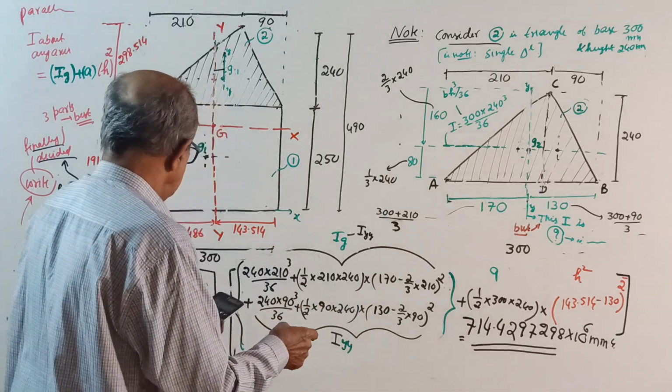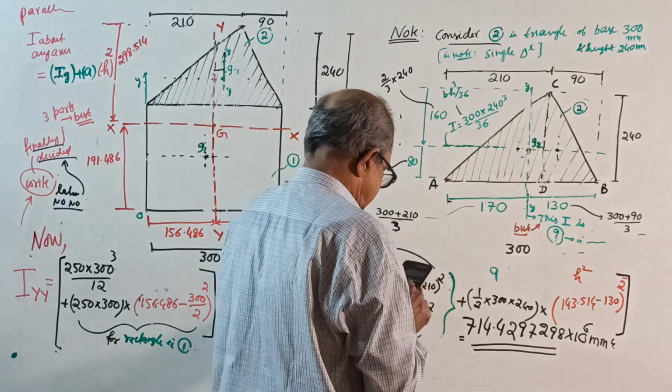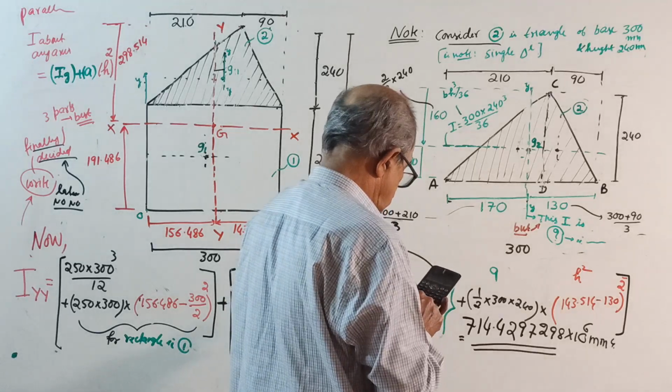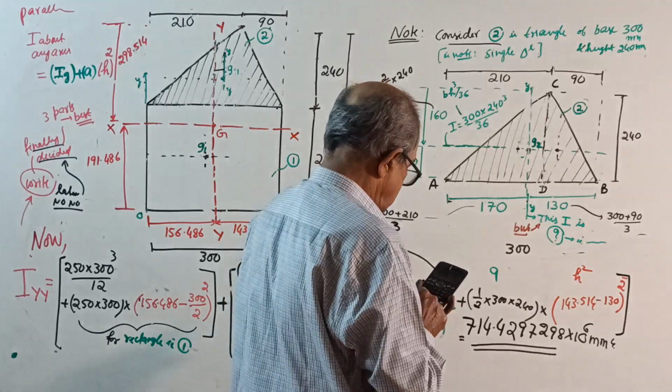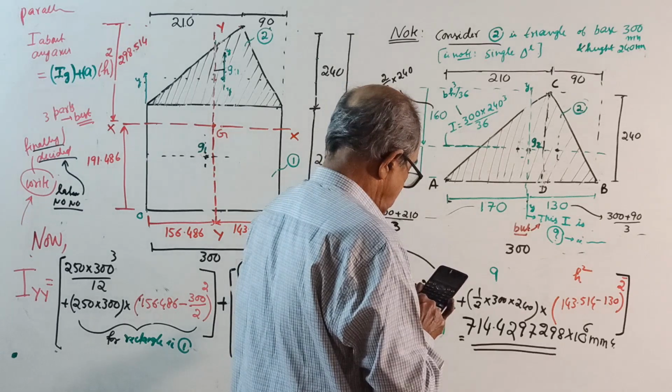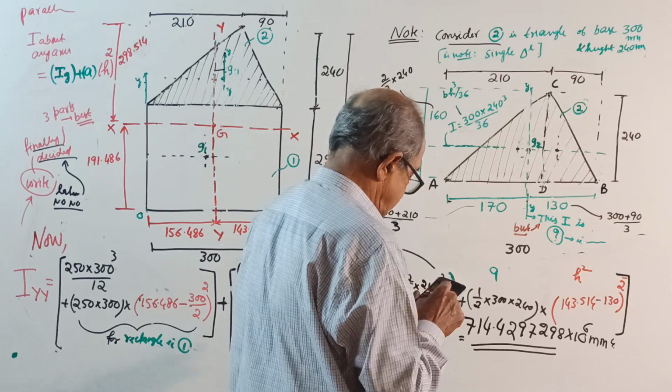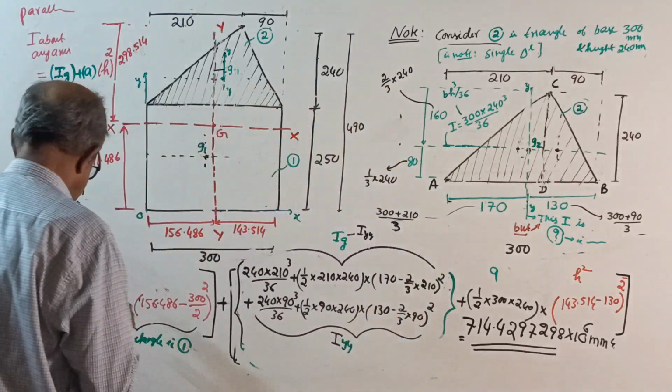I got some answer. Then plus half into 300 into 240 into bracket 143.514 minus 130 close square. I got some answer.